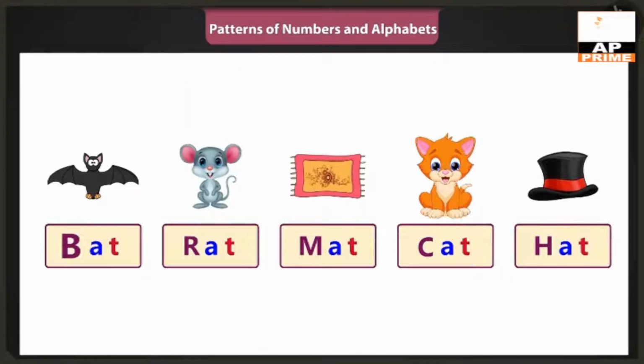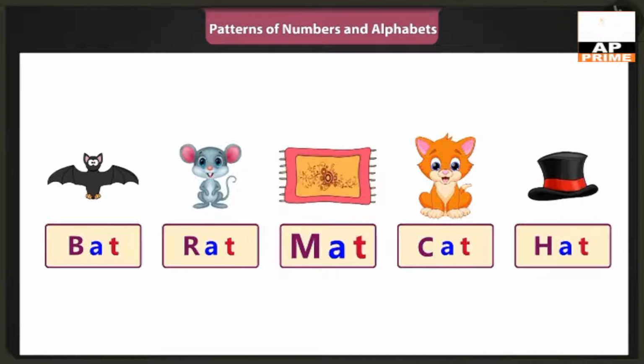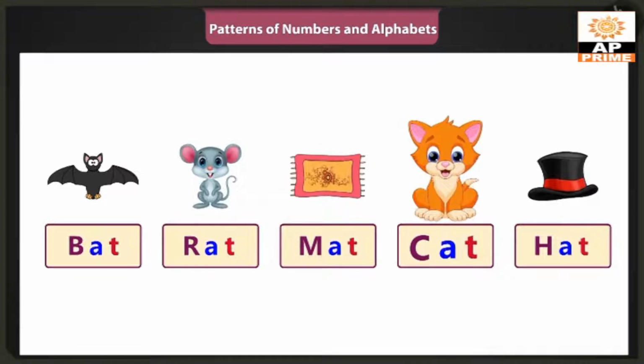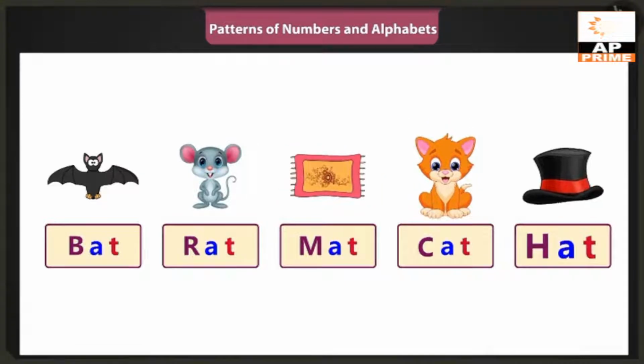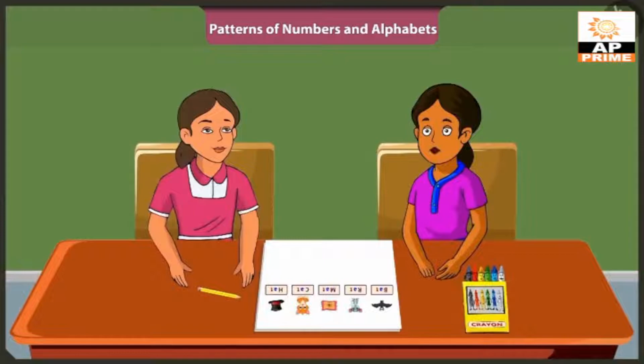Oh yes, B-A-T, bat, R-A-T, rat, M-A-T, mat, C-A-T, cat, and H-A-T, hat. They make an interesting pattern. Yes, these are patterns made of alphabets. Absolutely right.